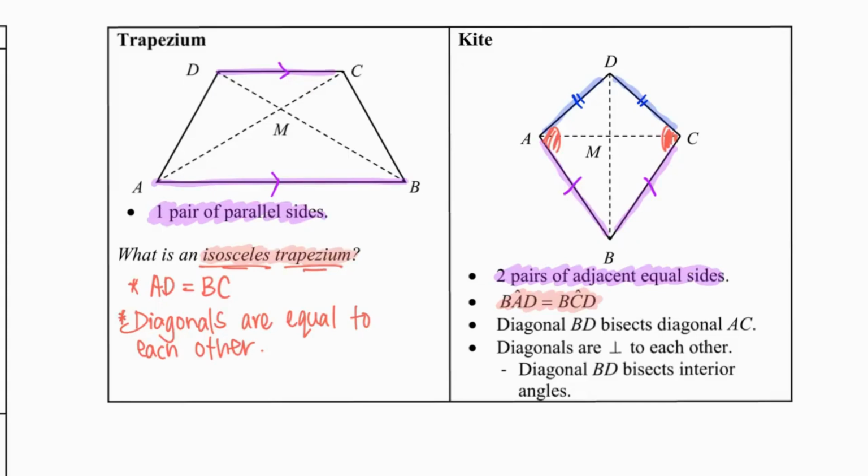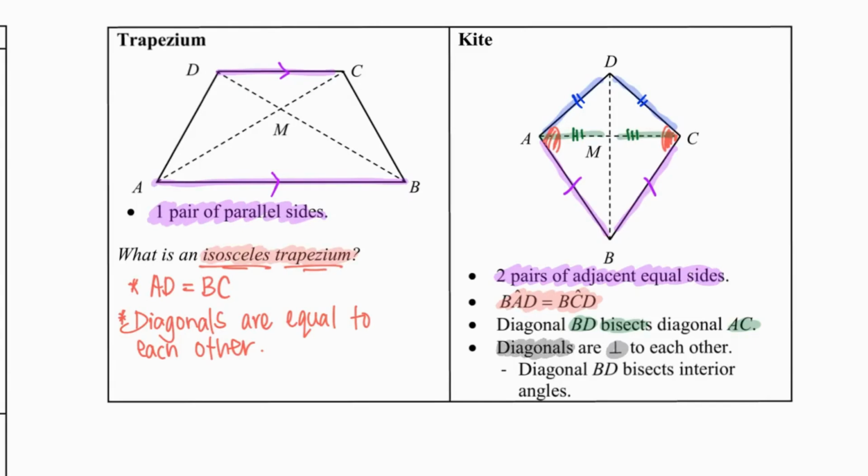And the diagonal BD bisects diagonal AC. So this means that BD bisects AC. This means that AM and MC are of equal length. And last, their diagonals are 90 degrees to each other.